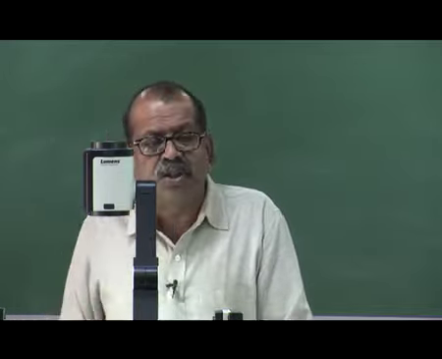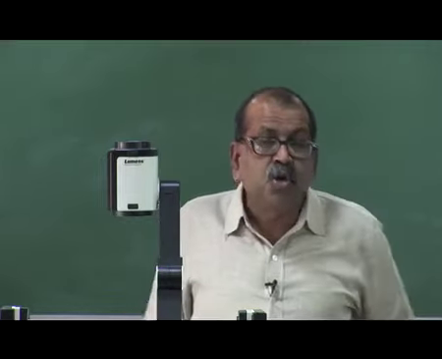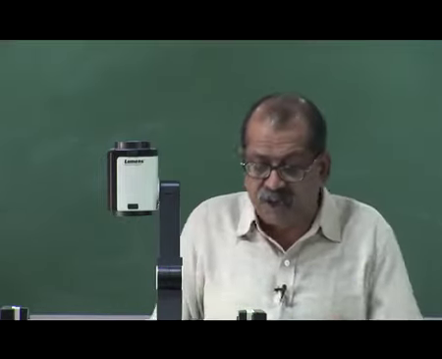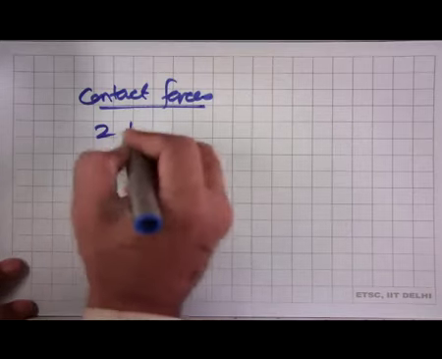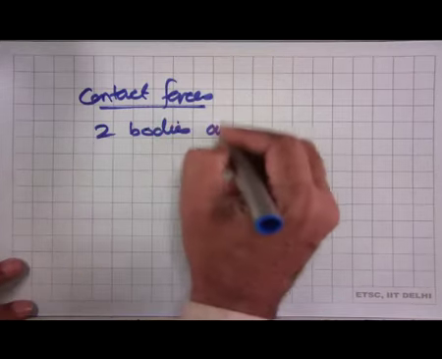But before we talk of these different methods, let us continue our discussion on contact forces. We had talked of contact forces on a body, and we first said that if two bodies are in contact, let us just sum that discussion up.